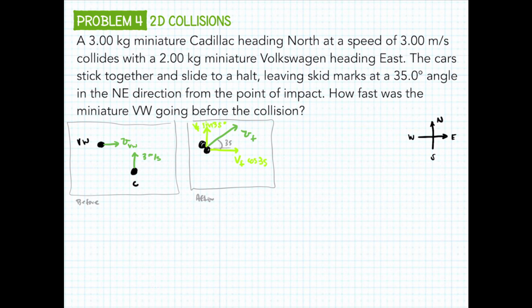Okay, and then we're going to add up our momentum. So we're going to do momentum in the x and the y direction. Let's start with the x direction. So momentum x direction initial is equal to momentum x direction final. So in the x direction, what's the initial momentum?